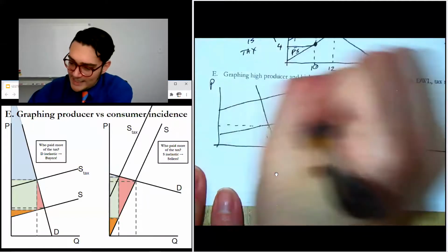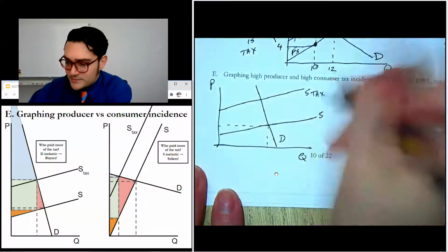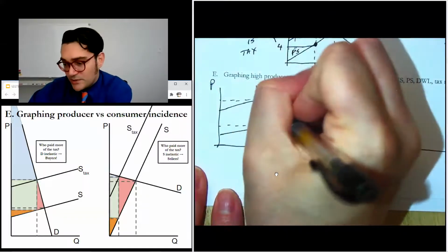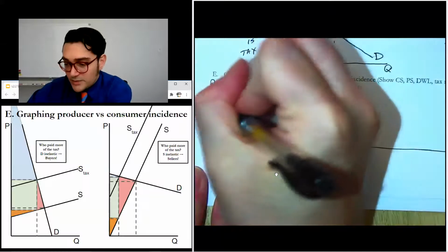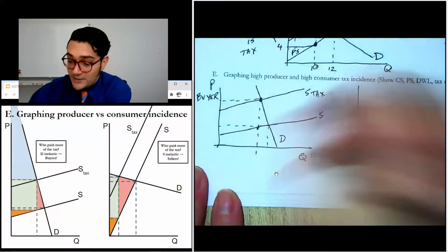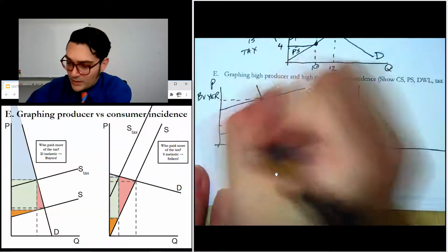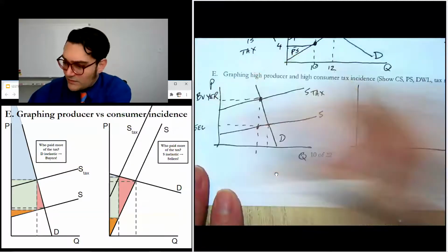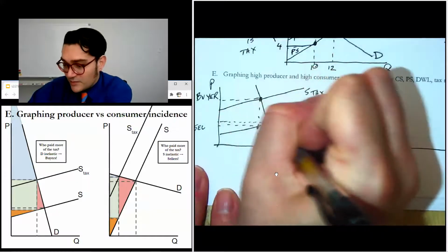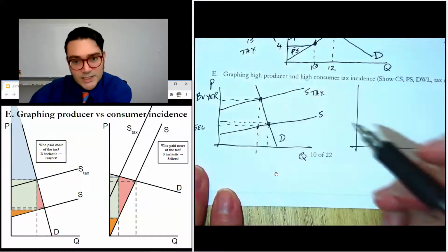And then let's put a tax in, S tax. So the new price that's paid is up here. Buyer paid, right? And the seller got to keep down here at the bottom. Seller, and it's actually even a little bit hard to see because of how sloped these are.